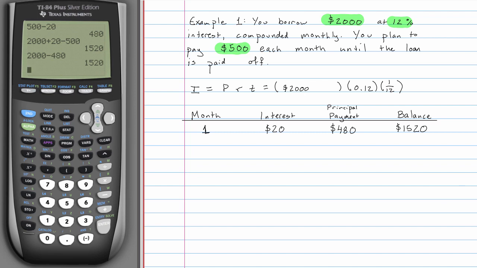Okay, so the first month I accumulated $20 in interest. I paid $500 total, of which $480 went to paying down my balance, and now I owe $1,520. In the second month, I accumulate interest again, but I'm not paying interest on the whole $2,000. I'm only paying interest on the $1,520.